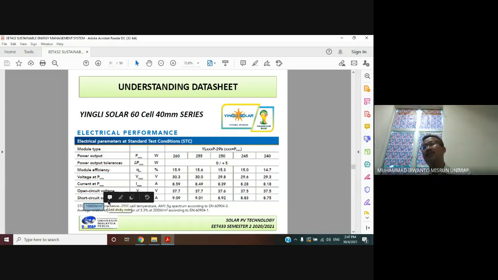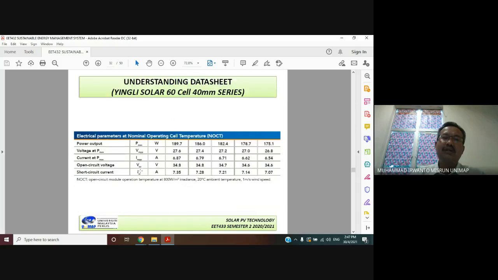And then NOCT, nominal operating cell temperature, is for 800 watt per meter squared and a temperature of 20 degrees Celsius.